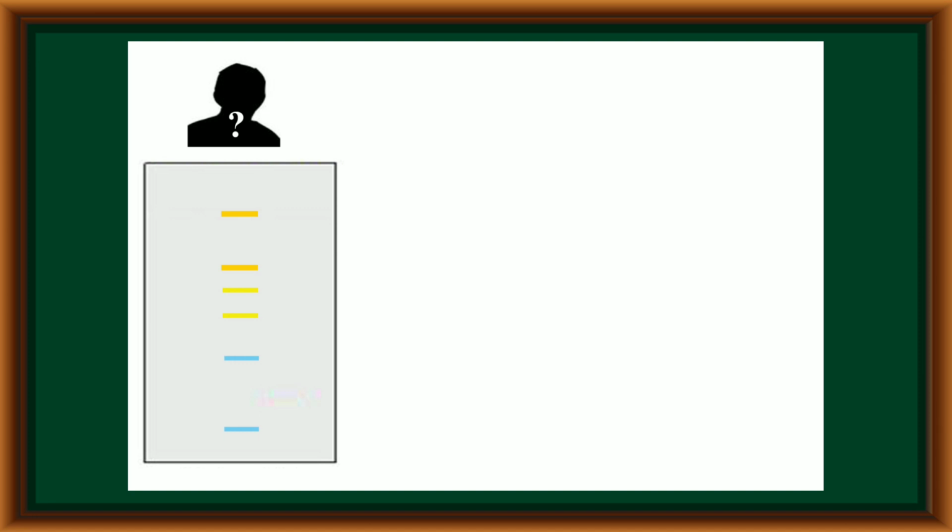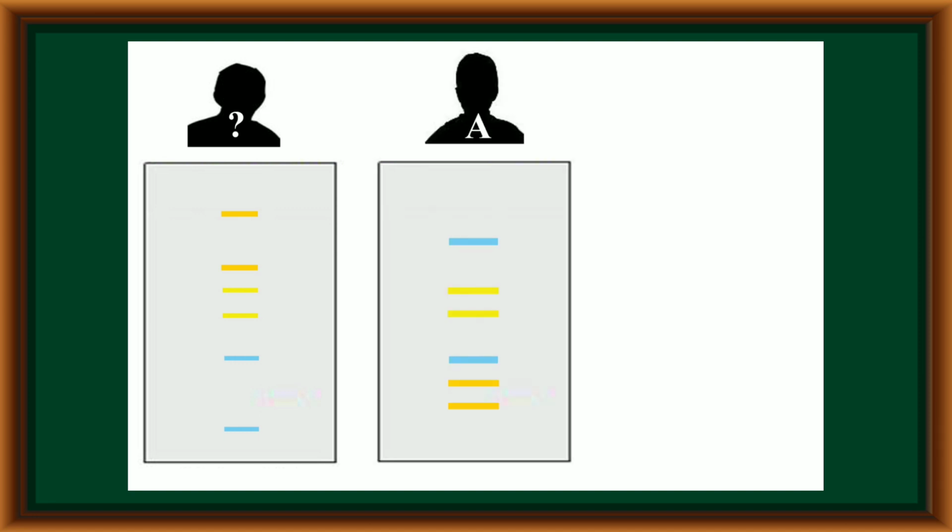Now this autoradiogram is compared with individual A. In such condition, there is no matching between these two autoradiograms of the unknown person and individual A, so it never matched.